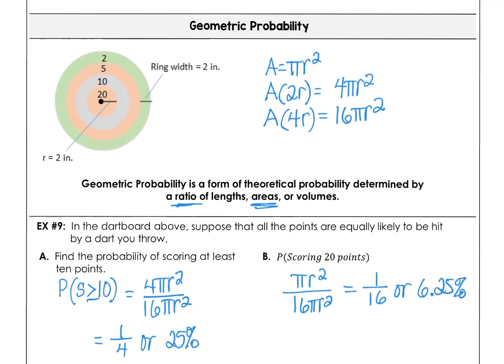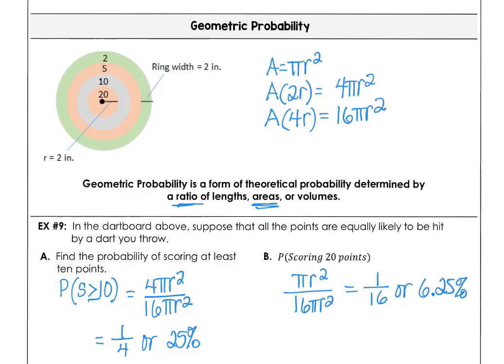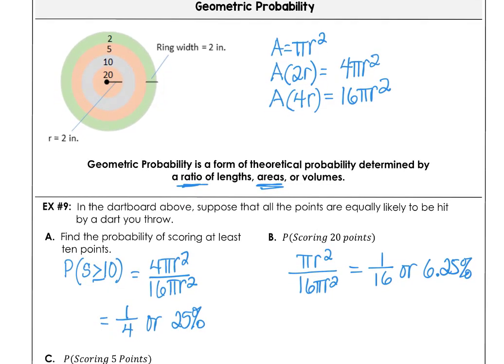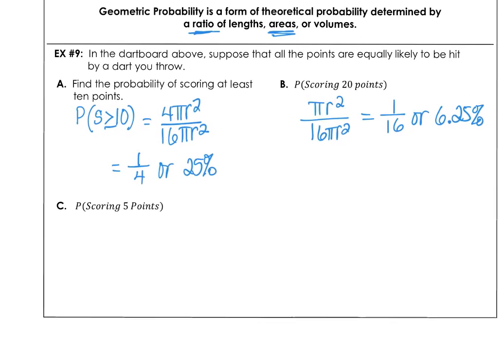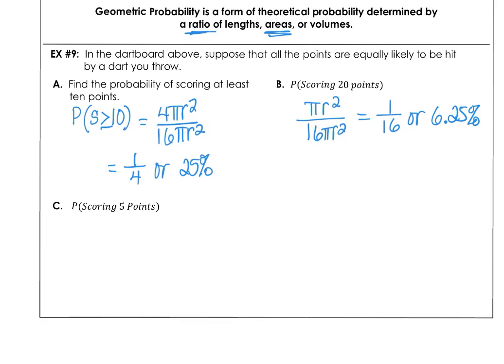And then part C, the probability of scoring 5 points. Let's look at it again. So 5 points would be the 2 and the 5. Let's see. Think this through. So there's 3 rings. We got 3 that we don't want. So pi times 3r squared, minus the one that we don't want, pi times 2r squared, over the whole thing, which is pi times 4r quantity squared.